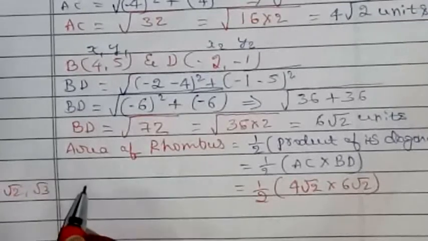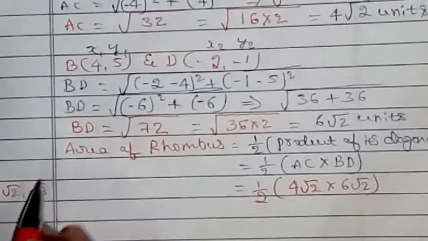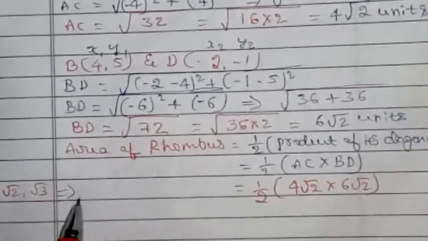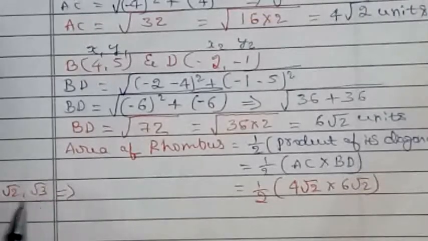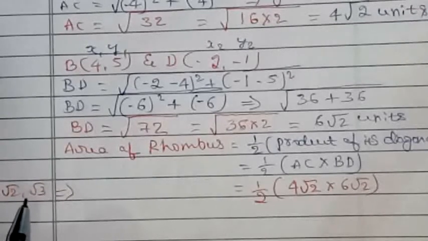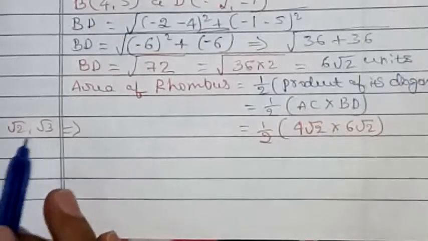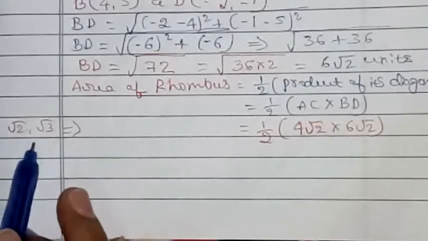Whenever you want to multiply surds, one condition is there, children. So what is that condition? If you want to multiply this type of numbers, the order should be the same, then we can multiply the radicands. Now which is the order and which is the radicand here?